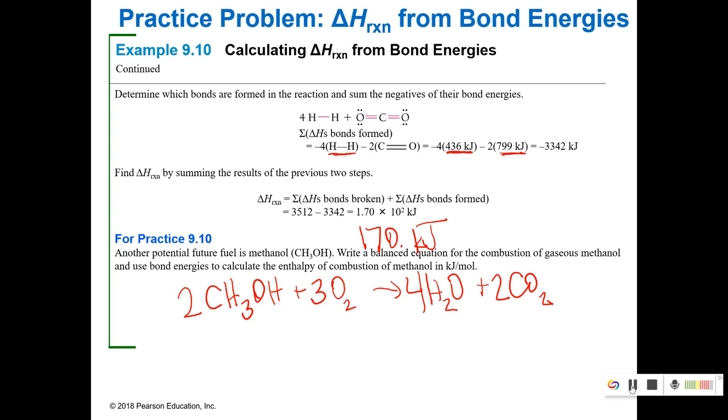Okay, and remember, the biggest part of bond energy is that you have to draw them. I am going to draw them above here.